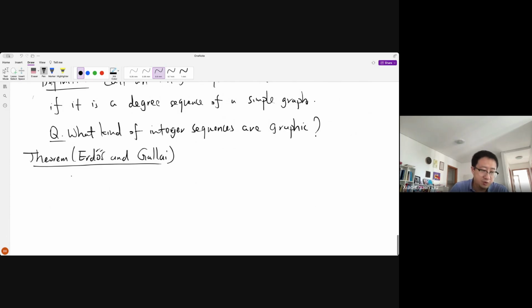So okay, let's put an integer vector. I call it d bar. Let's say d bar equals d1, d2, ..., dn. So it's an integer sequence in decreasing order.